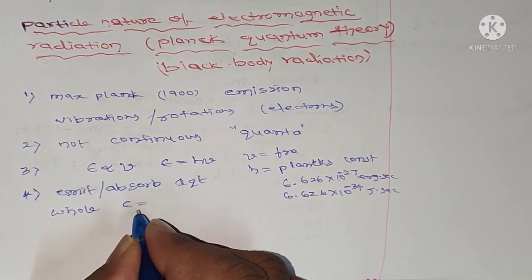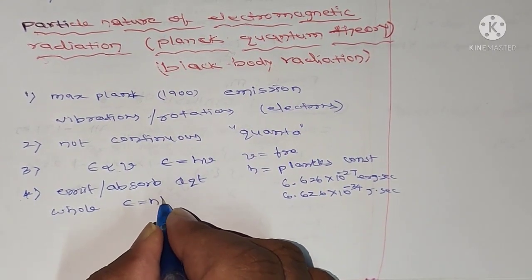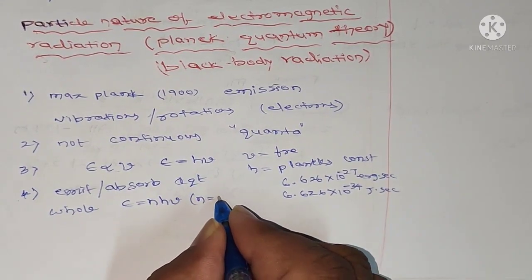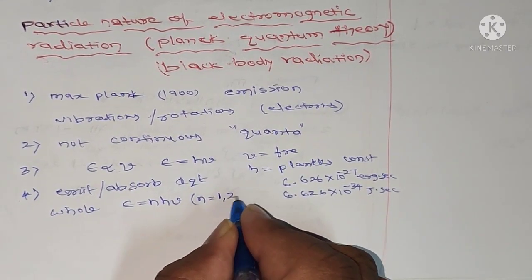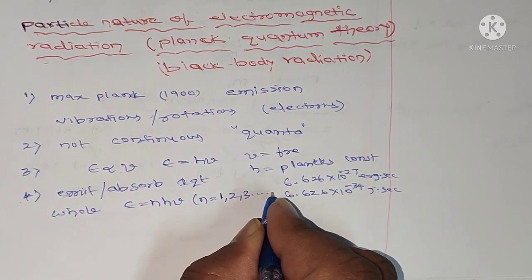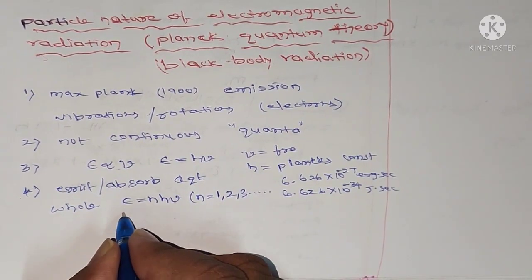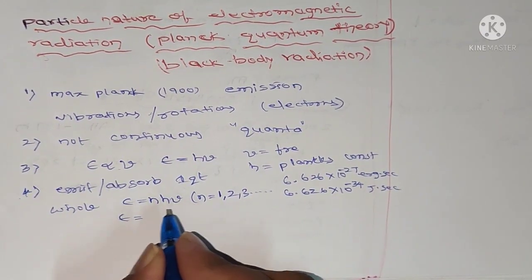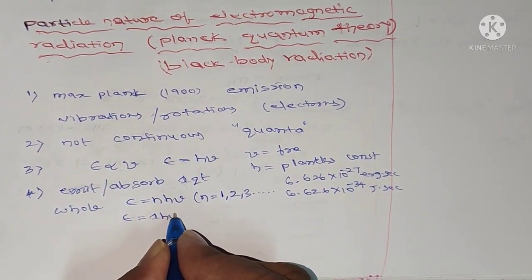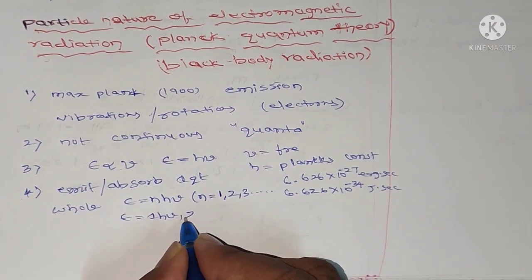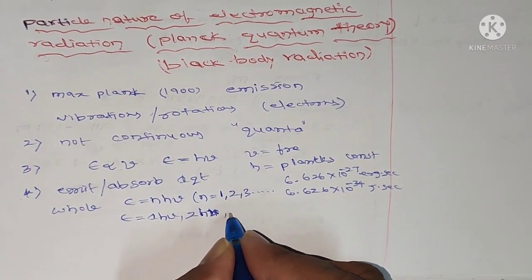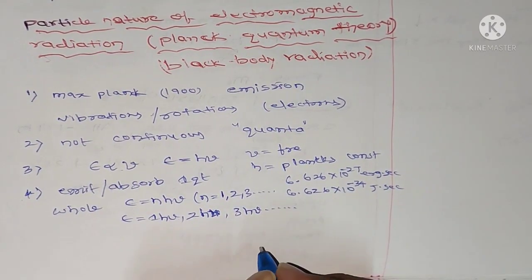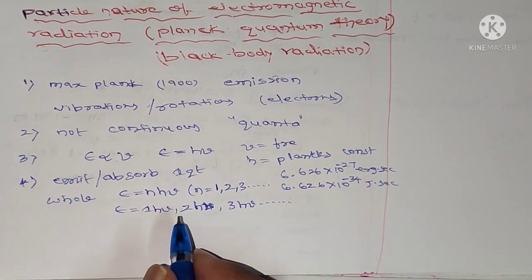So E is equal to n h nu, where n is a whole number 1, 2, 3 and so on. Then we can write E is equal to 1 h nu if n is 1, 2 h nu if n is 2, 3 h nu if n is 3, and so on.